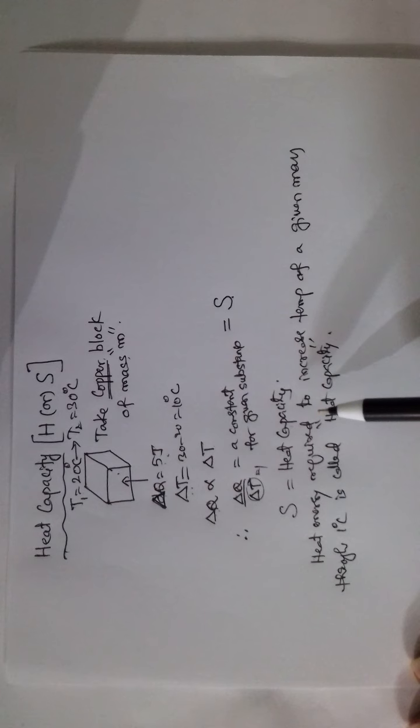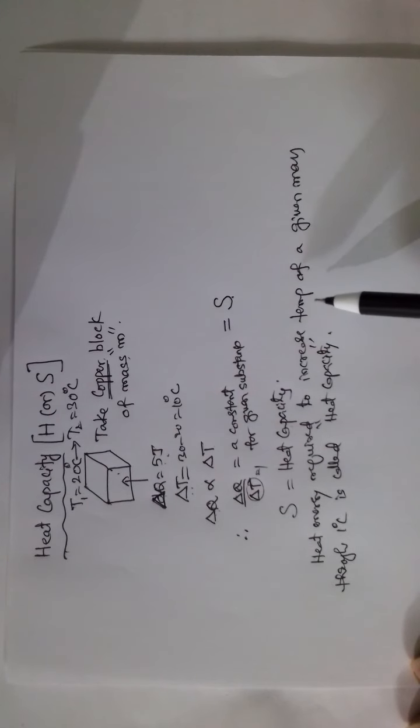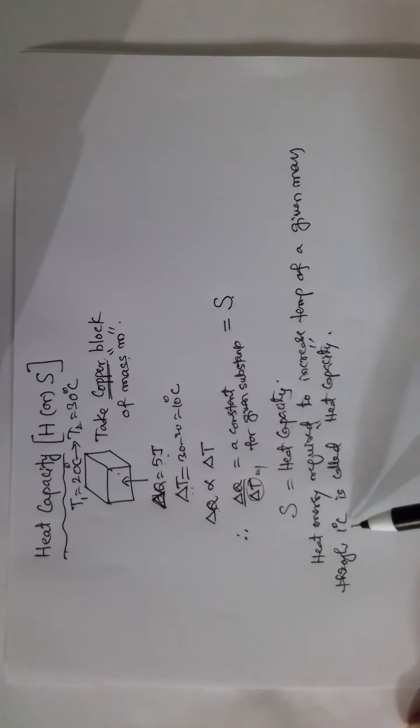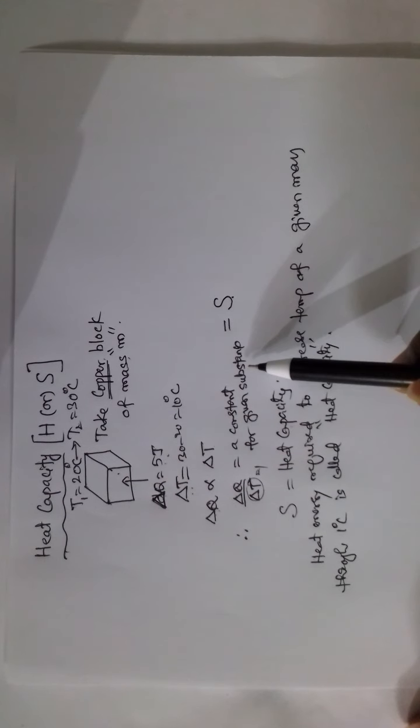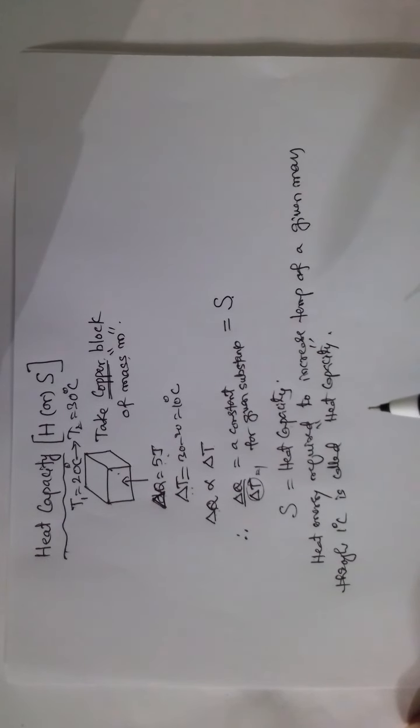Heat energy required to increase temperature of a given mass through 1 degree centigrade is called its heat capacity. And this heat capacity value depends upon the given substance, and it depends upon the temperature.